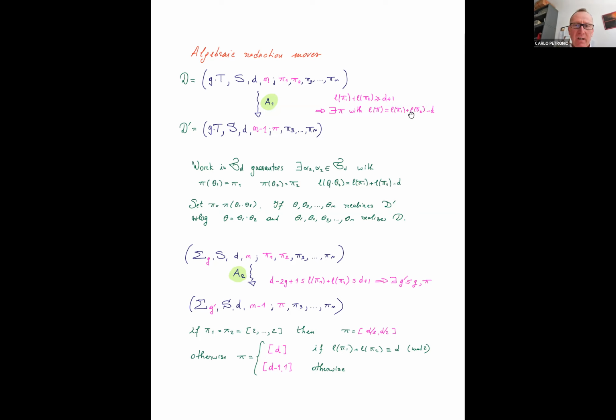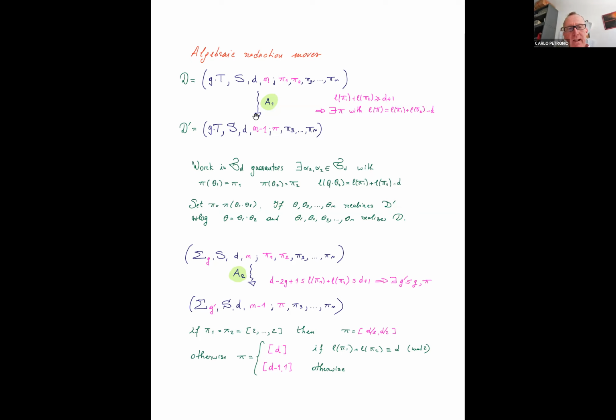So the condition here is that L1 plus L2 minus d should be at least 1. Otherwise this cannot be the case. And this is done constructively, even in a complicated way, in the symmetric group. And then the conclusion is easy.